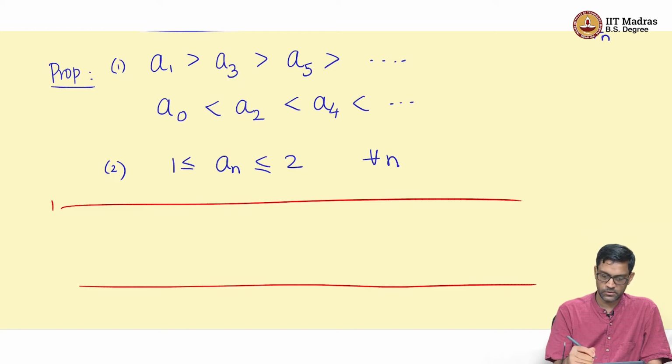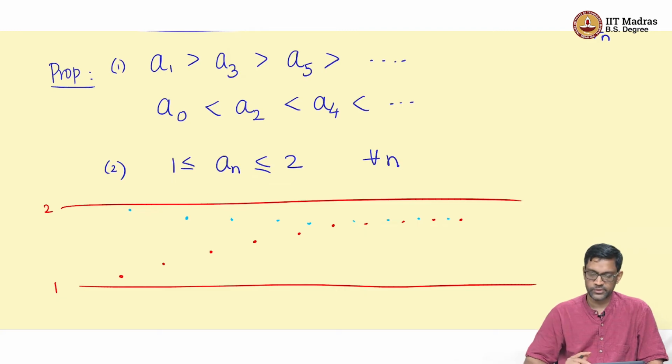Let me plot the even a's, a0, a2 and so on. They form an increasing bounded sequence. Likewise, the a1s form a decreasing bounded sequence.